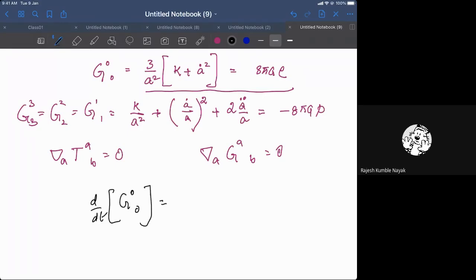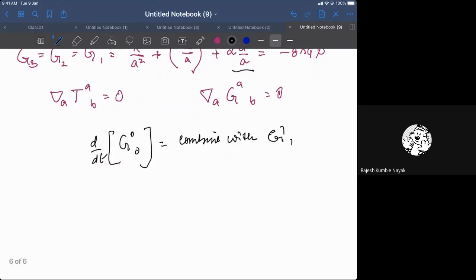You see that there is a double dot term here, and you combine it with this equation. Then we can write the whole thing as rho dot plus 3 into a dot by a into (rho plus P) is equal to 0.